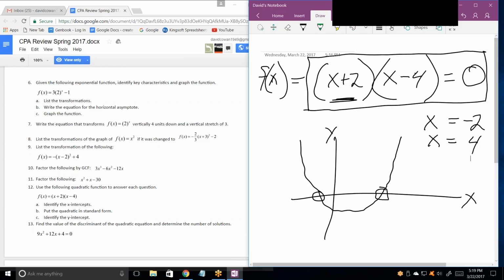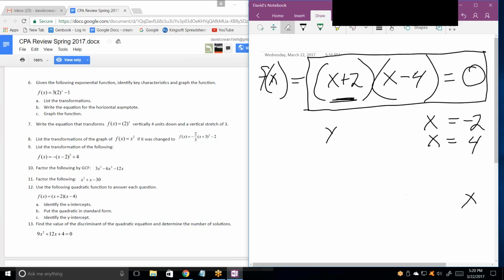You have to factor it in order to solve it. Identify the y-intercept. Well, it says put the quadratic in standard form. What that means is multiply it out, FOIL it. What is it if you FOIL it?